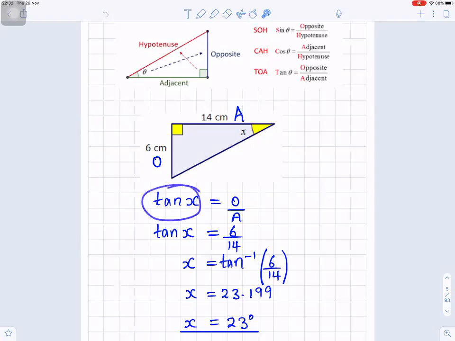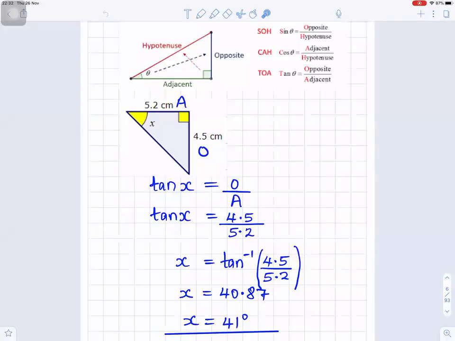Tangent of X is opposite over adjacent. The opposite is 6, the adjacent is 14. So to get the angle, we use inverse tangent of 6 over 14. You make sure your calculator is in degrees, and that will give you 23.199 degrees. Round it to the nearest whole number, it's 23 degrees.